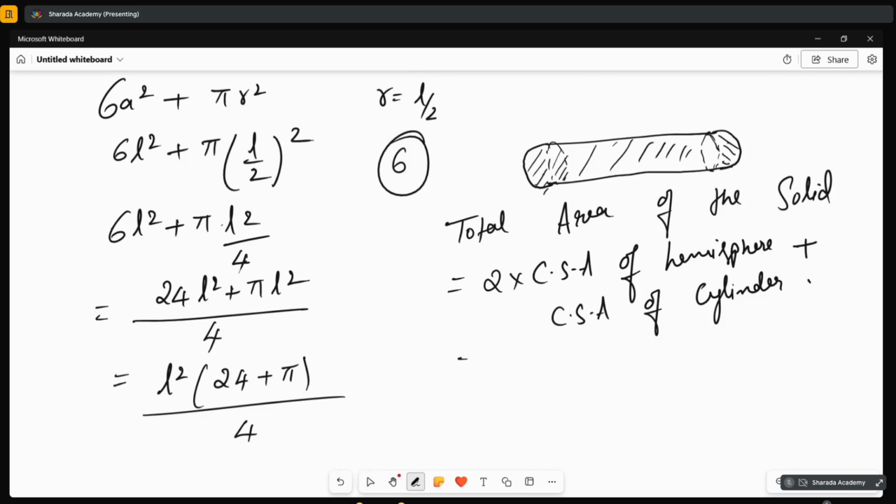So what is the CSA of a hemisphere? 2 pi r square, right? Plus CSA of a cylinder? 2 pi r into h.